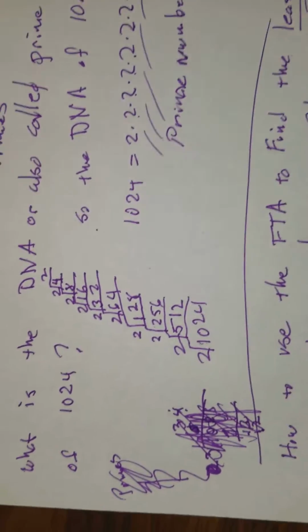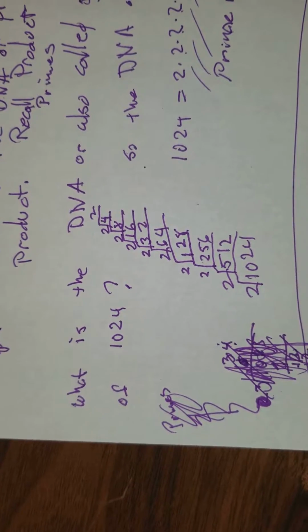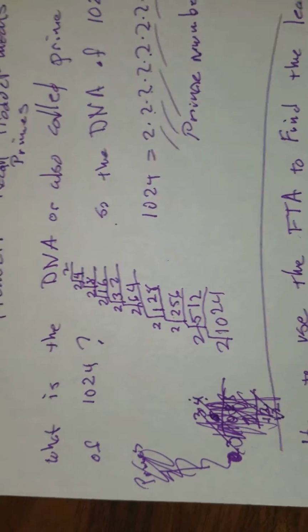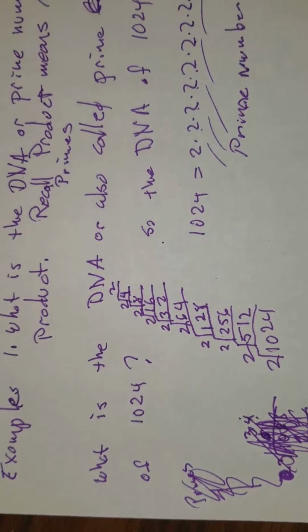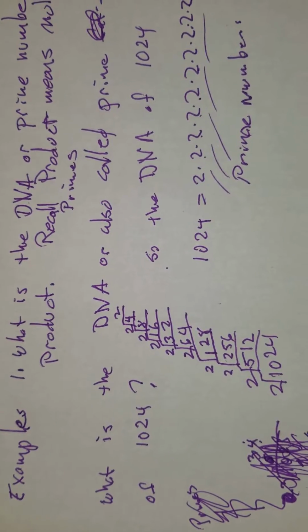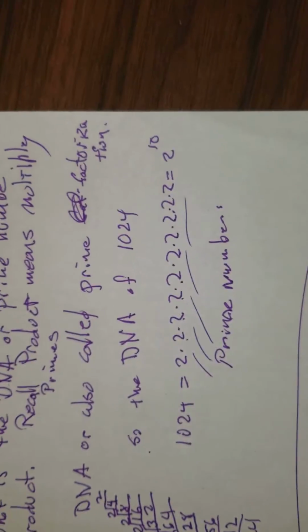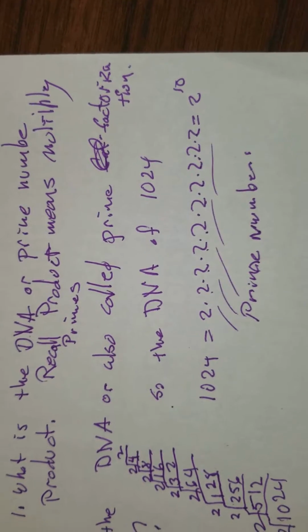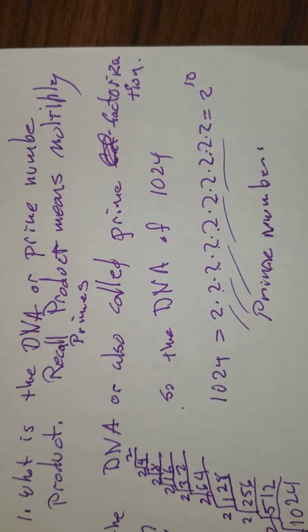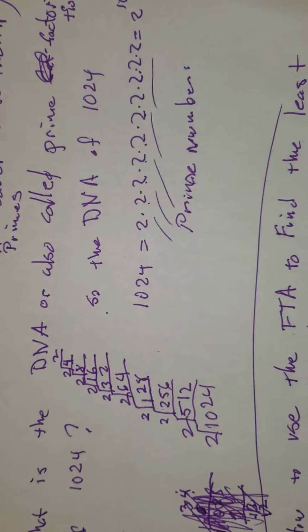So let's find the DNA of 1024, which is called a kilobyte in computer language. It turns out 2 goes into there, 512, and 256, and 2 goes into that, and so on. If you find that, it's pretty interesting because 1024 is 2 to the 10th power, that is, 2 times 2 and so on, ten times. That is the unique prime factorization of 1024.